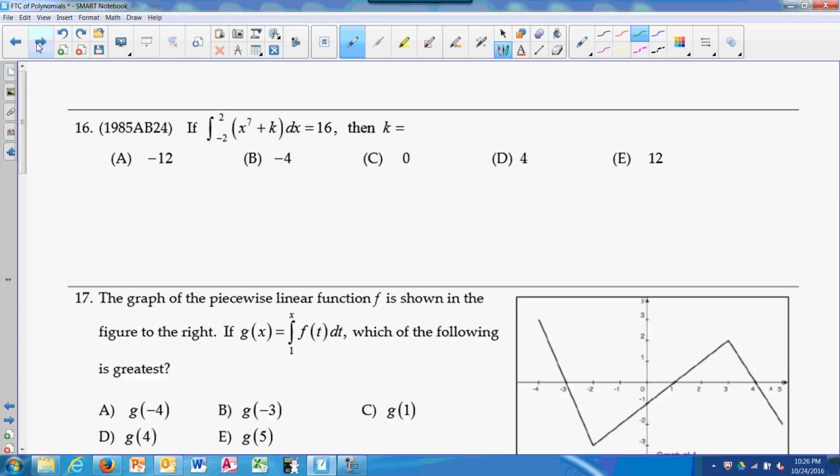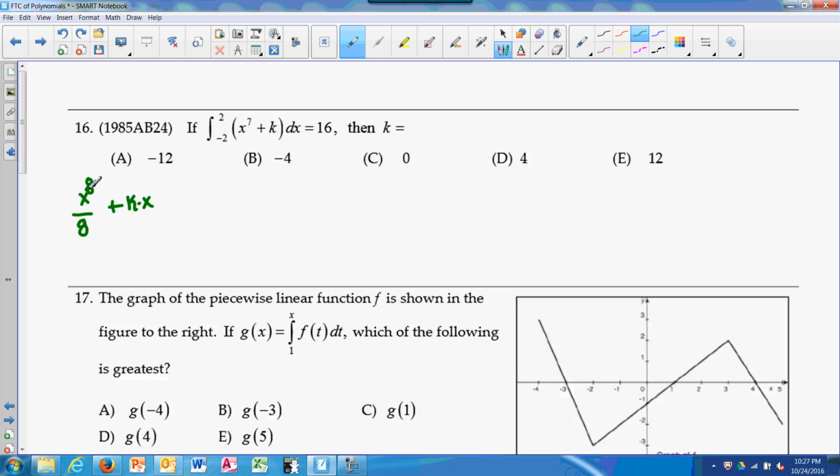Okay, so for this next AP question, we have to do an integral, and this time k is any unknown constant. And when we do this integral, we're going to do the fundamental theorem of calculus and then set that result equal to 16. So if we anti-derive, we get x to the 8th divided by 8 plus k, which is a constant, times x.